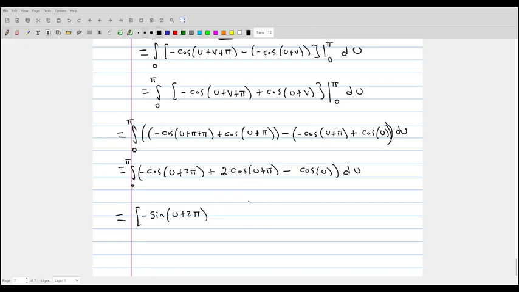The antiderivative of cosine of u plus pi is going to be sine of u plus pi. And the antiderivative of cosine of u is going to be sine of u.